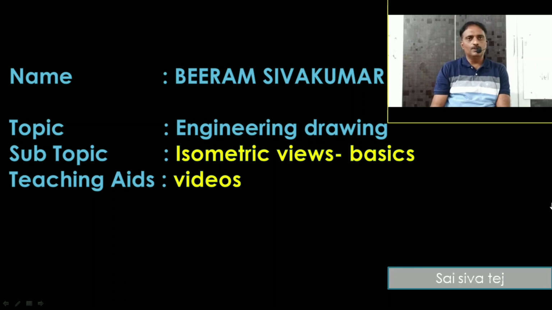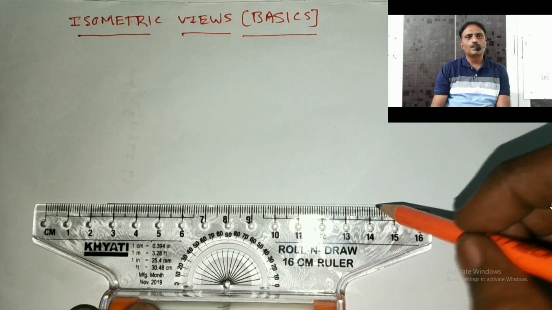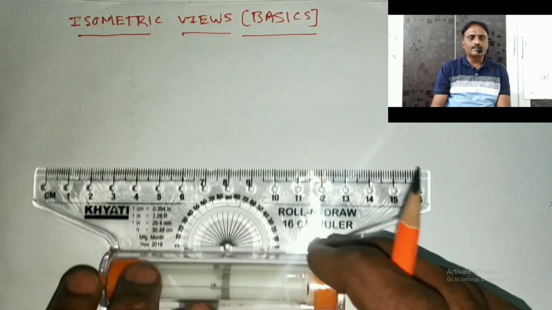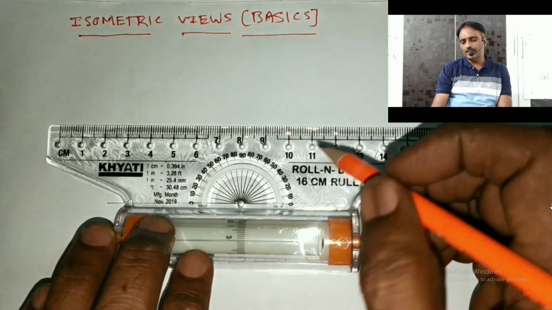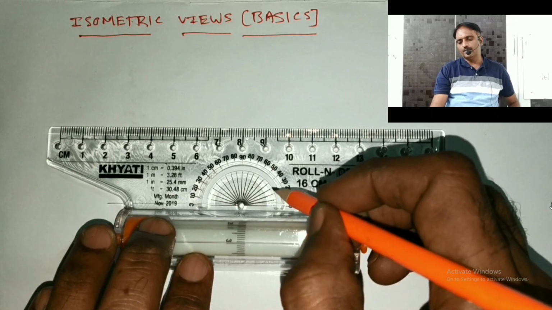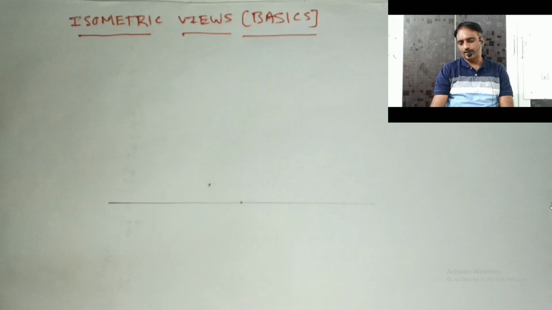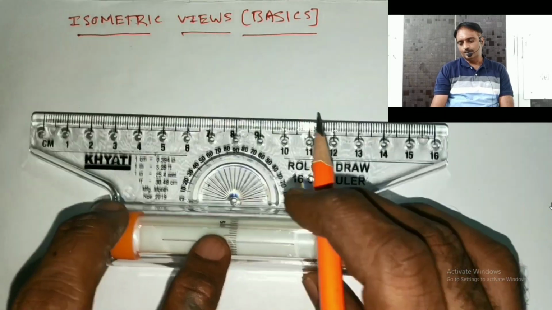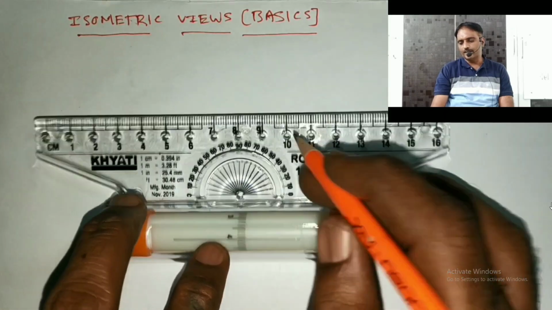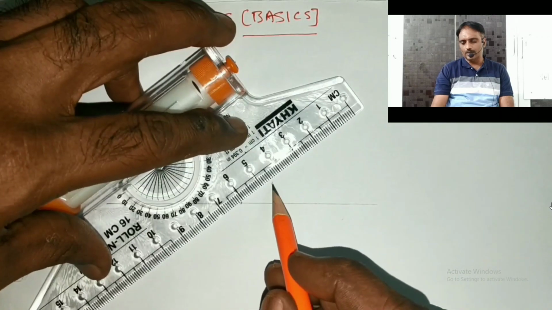Whenever we need to represent the isometric view of a solid, we have to draw a cube or cuboid with the three axes x, y and z. The x and y axes will make an angle of 30 degrees with respect to the reference line. So that is the x axis which makes an angle of 30 degrees, and this is the y axis.